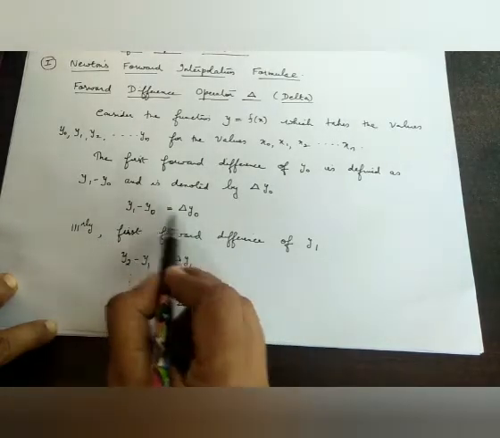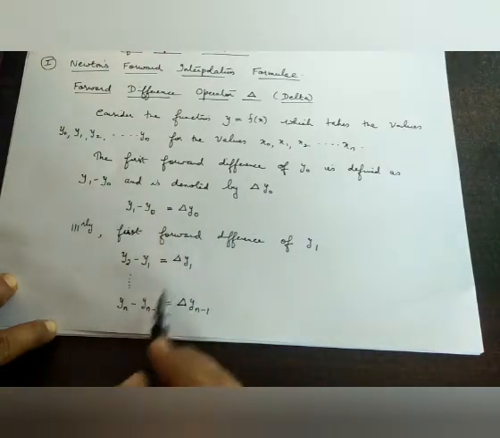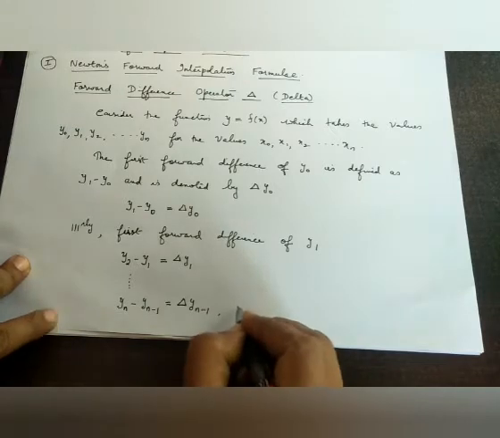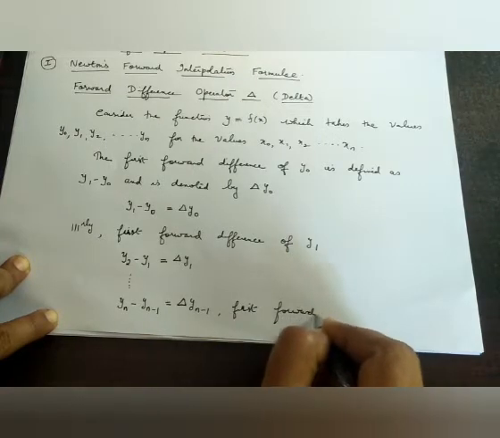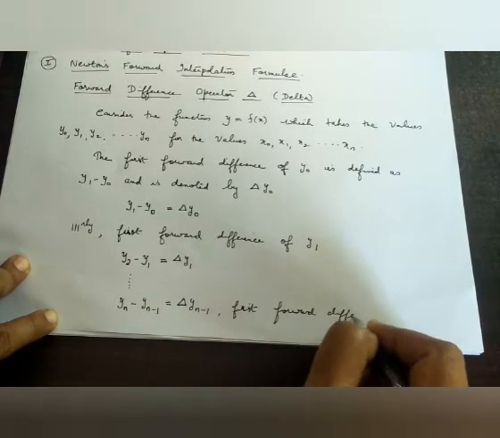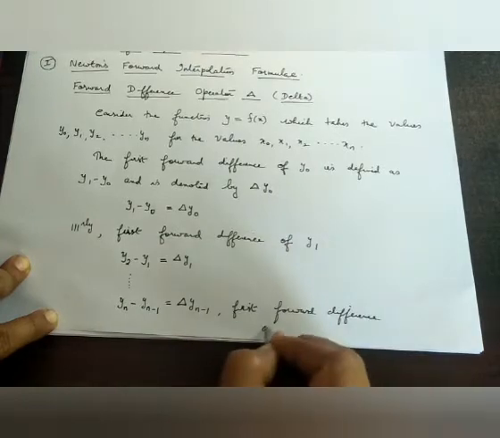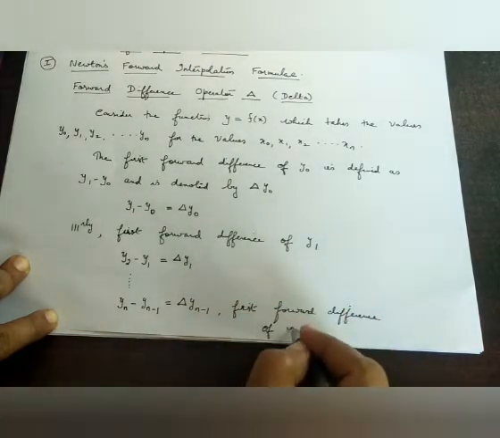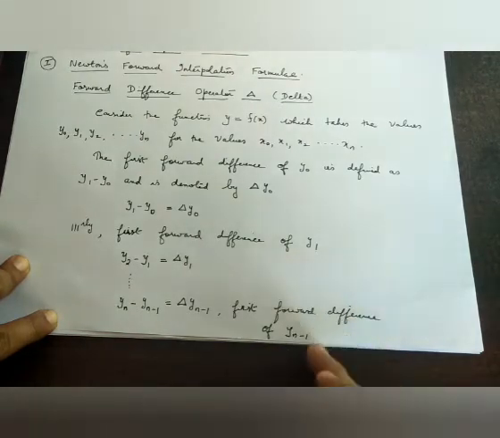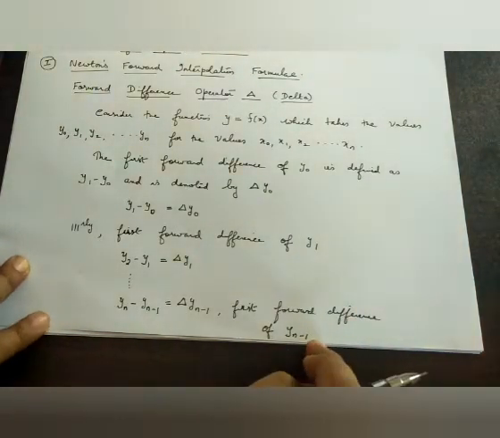Here delta y0, delta y1. Therefore, we have delta yn minus 1, which is called the first forward difference of yn minus 1.